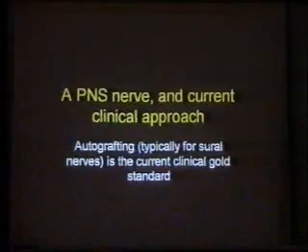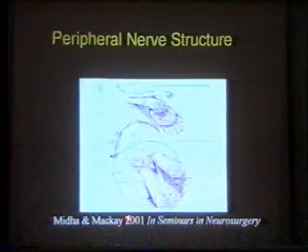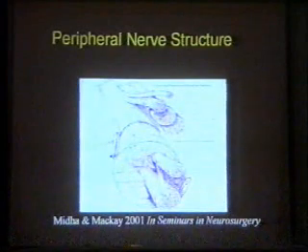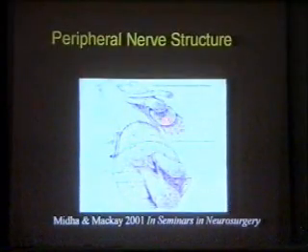So the current clinical approach, and I'll show you a few slides, is to use autografts, but first I'll show you a couple of slides on the general progression of what happens when you injure a nerve and you resect a tumor. This is a cartoon that I borrowed from a review that Rajiv Midha wrote, in Toronto, Canada. Essentially you have the epineurium, the perineurium, and the endoneurium, the three membranes that surround the different fascicles.